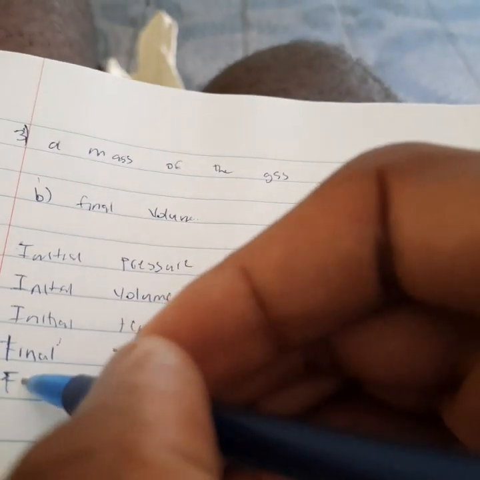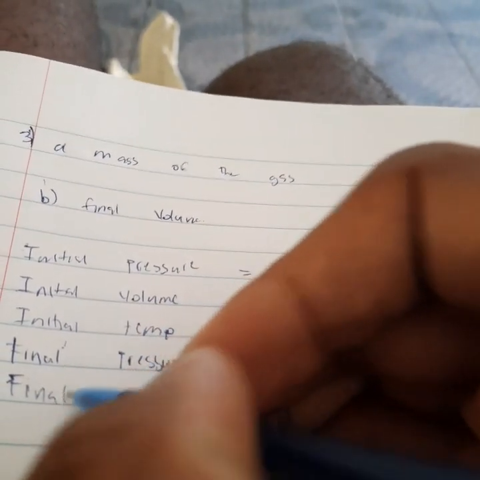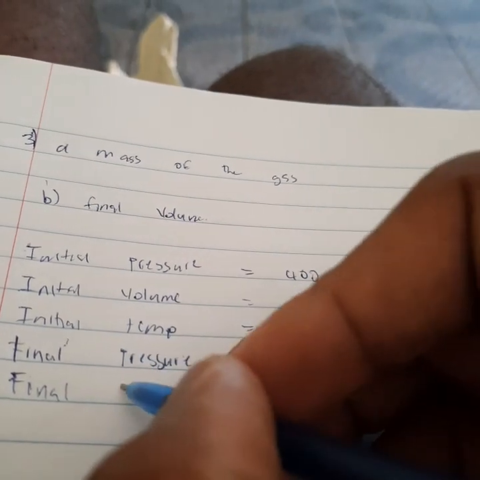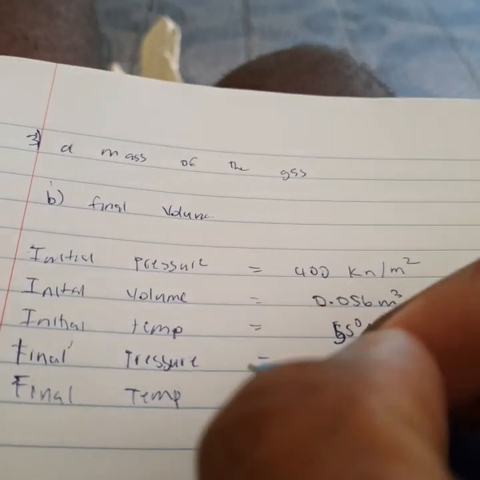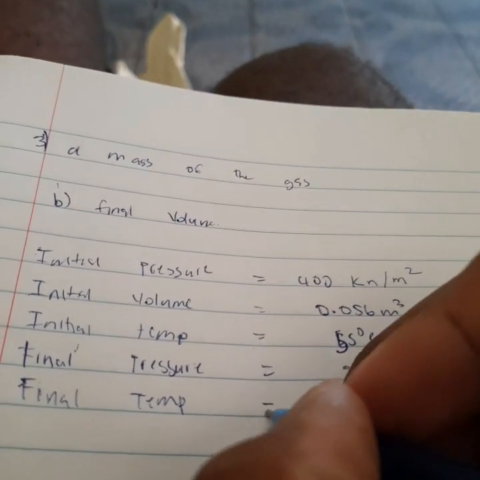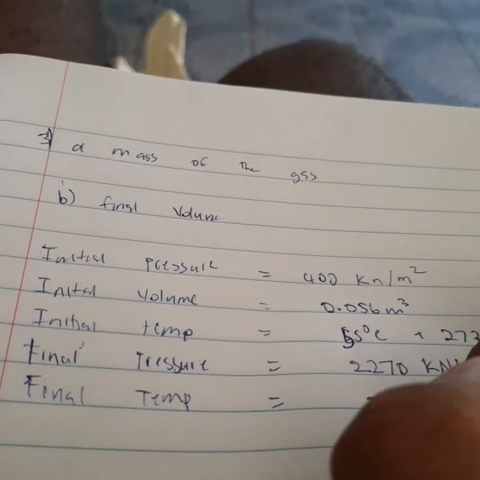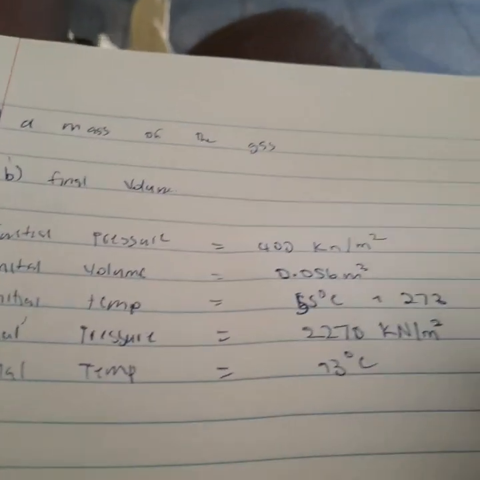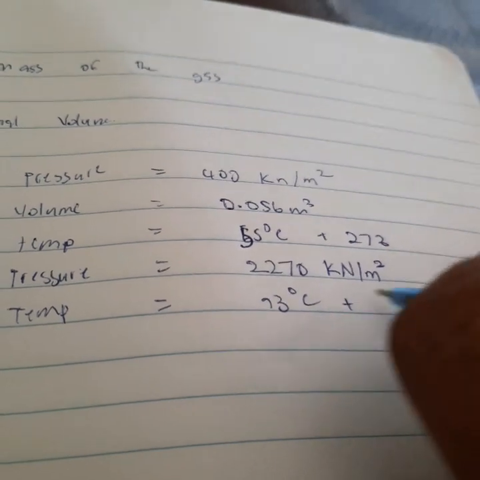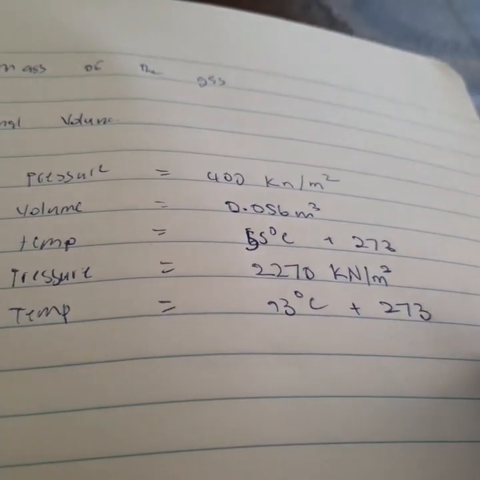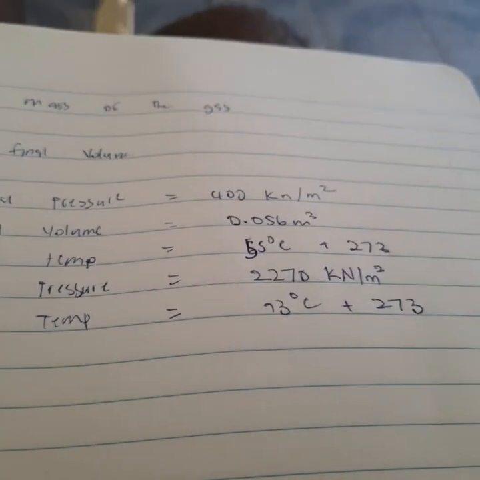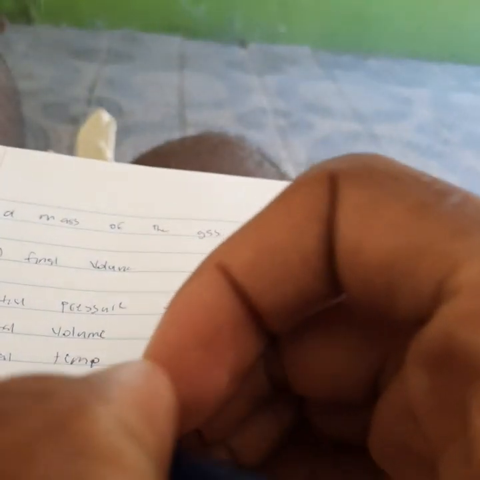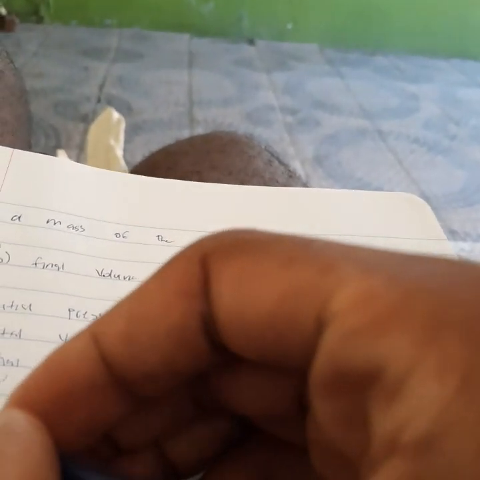Final temperature is equal to 93 degrees Celsius plus 273, to convert to Kelvin, and we're trying to find final volume.